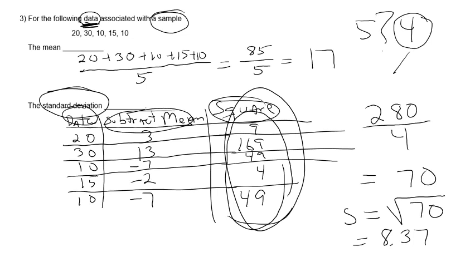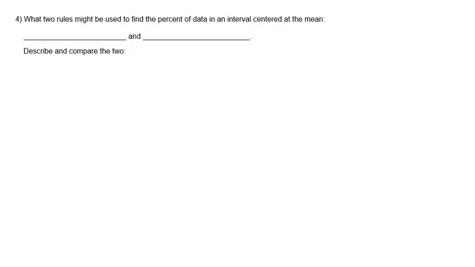Moving on. All right, here's a question. What 2 rules might be used to find the percentage of data in a given interval centered at the mean?